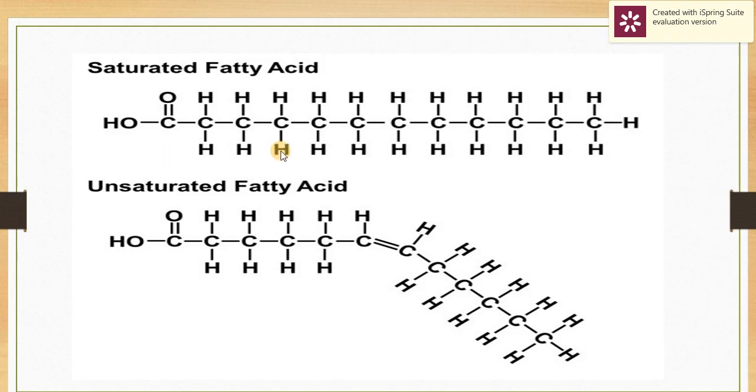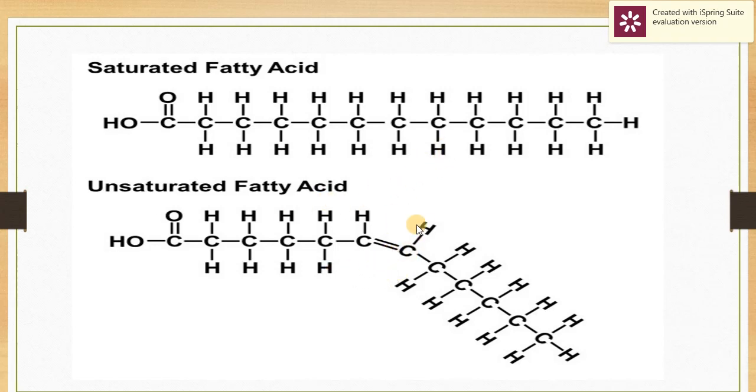Look at these two molecules and look at the bonds between the carbon atoms, the chain of carbon atoms of the fatty acid here and the chain here. Here all the bonds are single bonds, and here we have one double bond. So the number of hydrogen atoms here is more, and here it is less.